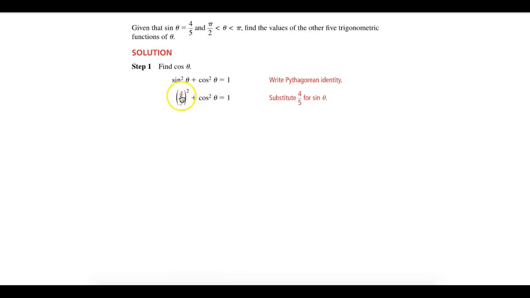So we subtract, now remember 4/5 squared is 16 over 25. So we get 1 minus 16 over 25 is equal to cosine squared. If we go ahead and combine these, 1 minus 16 over 25, that's just 25 over 25 minus 16 over 25. We get that the cosine squared equals 9 over 25.